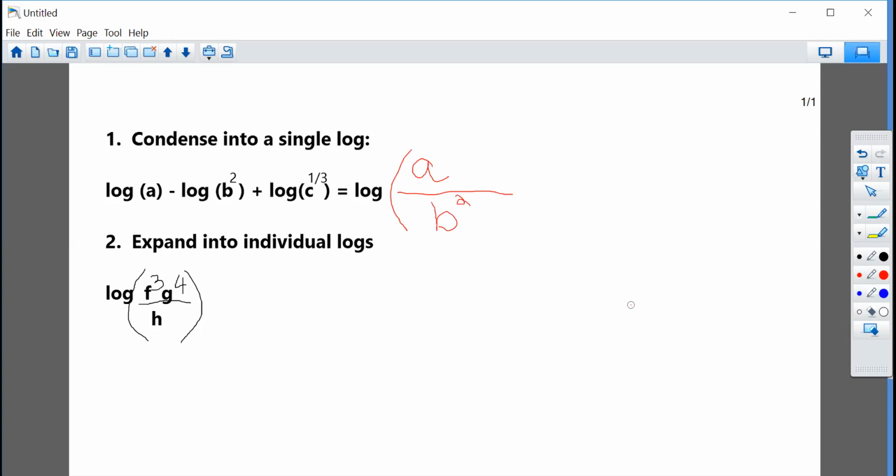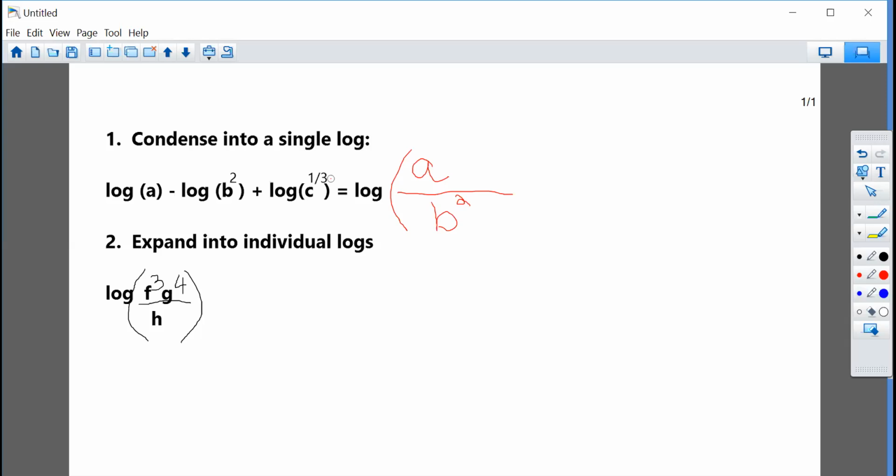Okay, then log of C to the 1/3 power, is that C to the 1/3 going numerator or denominator, top or bottom? And yes, this is going to go in the numerator because it is positive, it is being added.